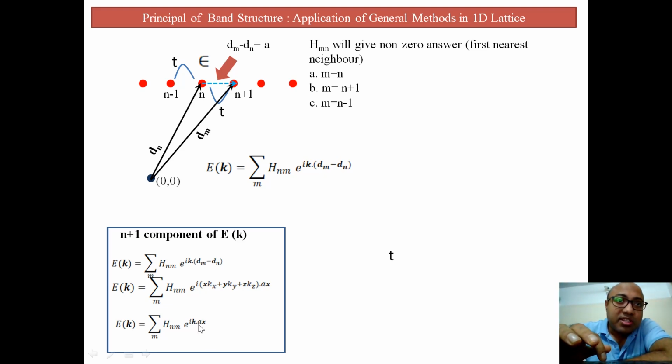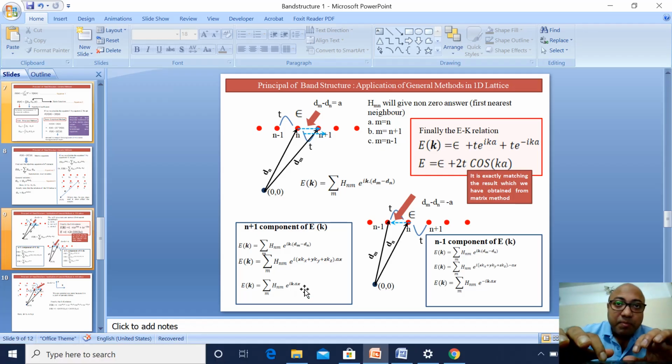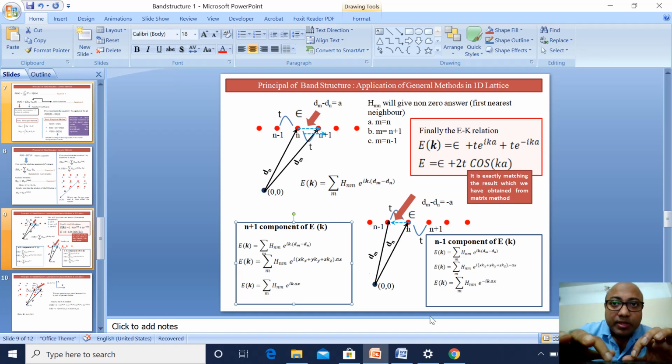There is some error here, so I have to correct it. It should be e to the power ika, not x. So kindly fix that typo here. So we have to correct it. How to correct it? I don't know. Just one minute.